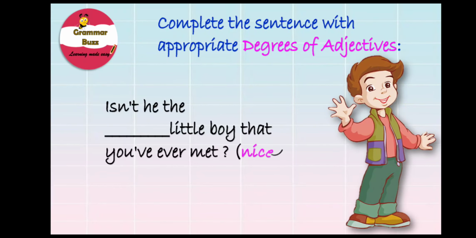The following sentence is, isn't he the dash little boy that you've ever met? And your positive degree of adjective is nice. Can you state which is the correct degree of adjective for this sentence? I think you can. Yes, you're right, and the word is nicest. Wow, you're really good at it.